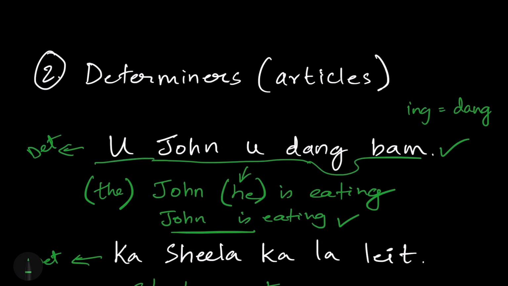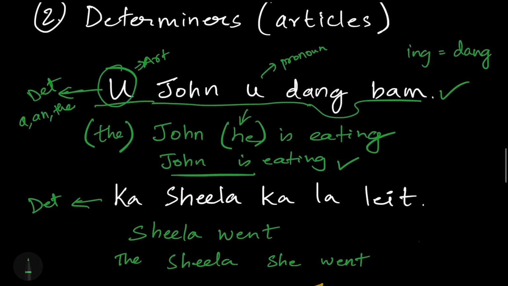You have to be careful because the first one is not a pronoun. This is an article. An article could be a, an, or the in English. And this is not an article, this is a pronoun. In most cases, there will always be an article in front and then a pronoun next to the noun.